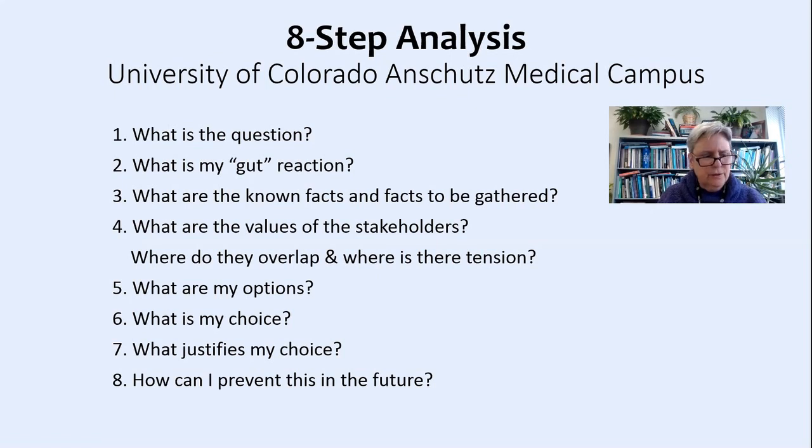Step 8, could this ethical pickle have been prevented? Why or why not? What are some systematic or systemic changes that you could make to address the ethical questions? So now let's apply these 8 steps to a case analysis, the story of Susan Martinez.